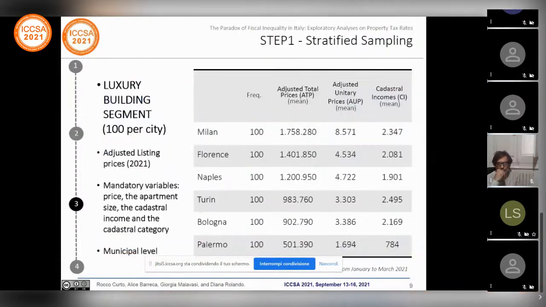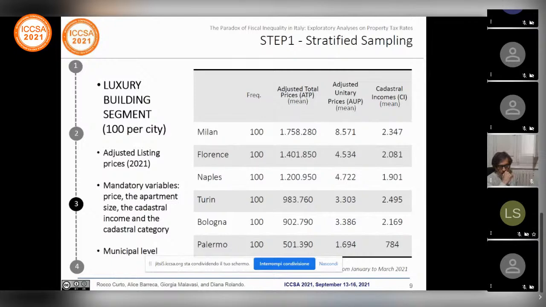Starting from the first step, the sample was stratified only on the luxury properties segment by selecting properties with the highest price published on immobiliare.it from January to March of this year. Due to the lack of transparency in the real estate market in Italy, listing prices were adjusted to be assumed as a proxy of transaction prices.